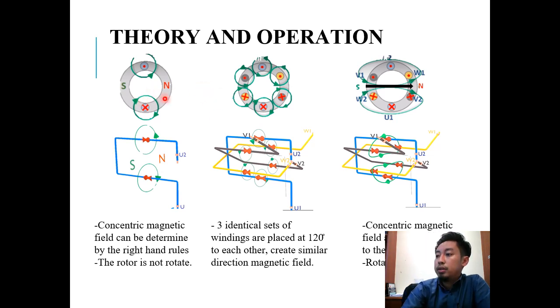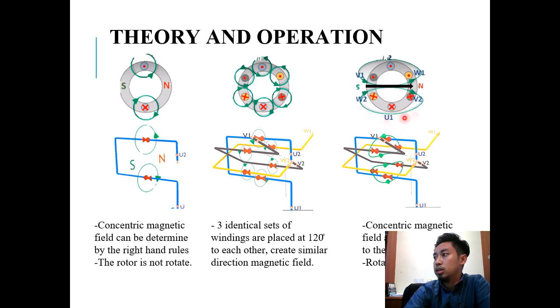So what happens, for example, in the three-phase case: three identical sets of winding are placed at 120 degrees to each other, creating a magnetic field in a similar direction. You can see here the cross, where the current goes inside, and the current goes outside here. This is for the first phase. How does the rotating field occur? The magnetic fields combine in the same direction.